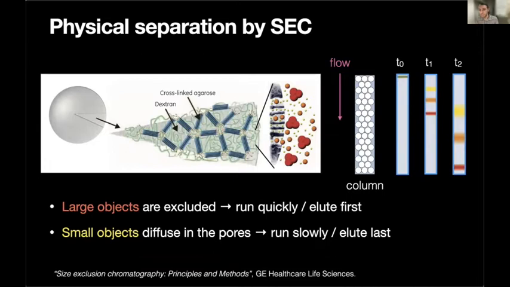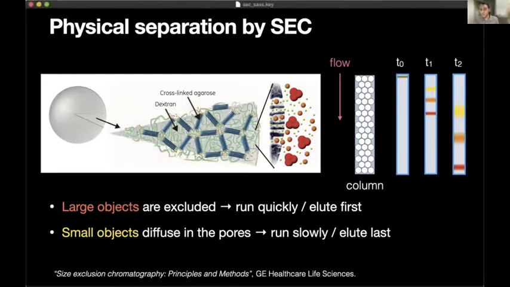And the reason this can give you separation is that the objects that go in the pores can explore a much larger volume as they travel down the column. And that means that they run more slowly. And the objects that are excluded from the pores travel quickly. So in this diagram, you have orange, red, and yellow proteins.